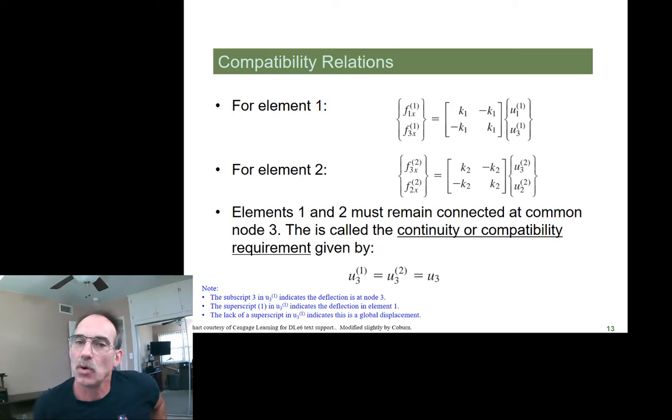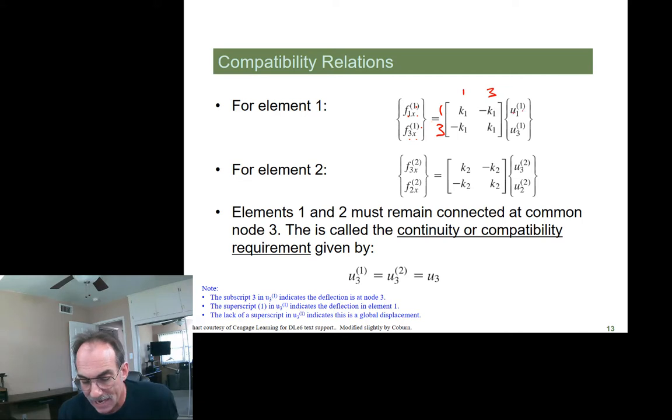All right. So our local stiffness matrices, right here we're seeing again, element 1 goes from node 1 to node 3. So we have F at node 1 in the X, F at node 3 in the X, both of them for element 1.